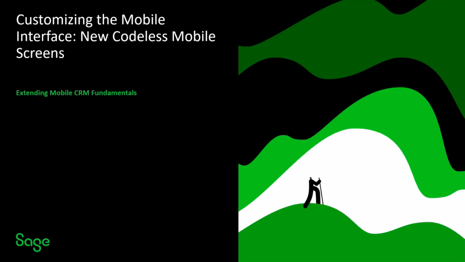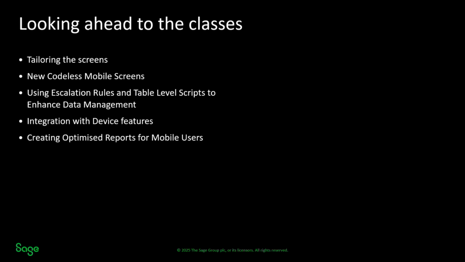We're going to be looking today at the way in which we can carry out customization of mobile screens, codelessly adding in new mobile screens. This lesson is part of a series that will gradually introduce you across all of the concepts that you need for the mobile interface.